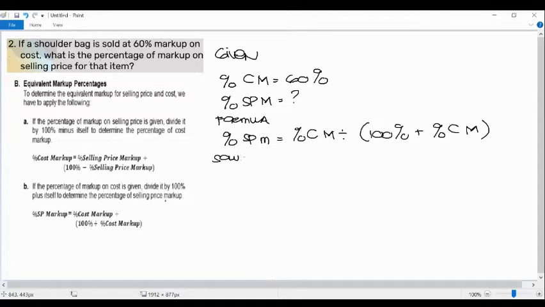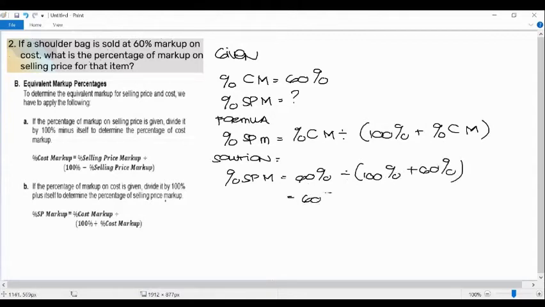So our solution would be 60% divided by 100% plus 60%. So 60% divided by 100% plus 60% will give us an answer of 160%. So 60% divided by 160% is 0.375 or 37.5%.